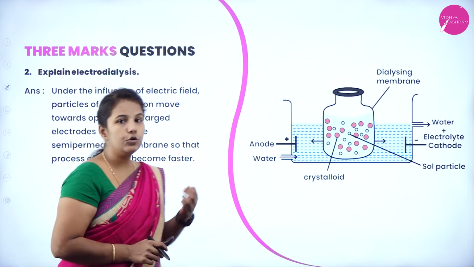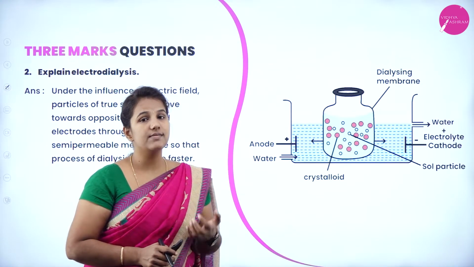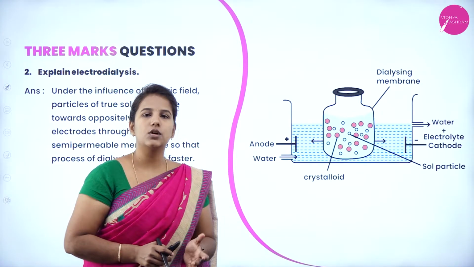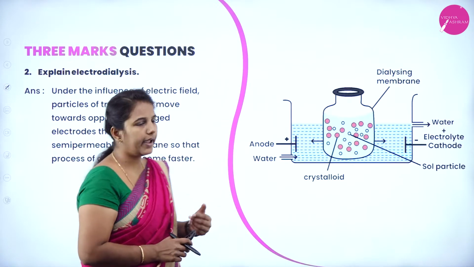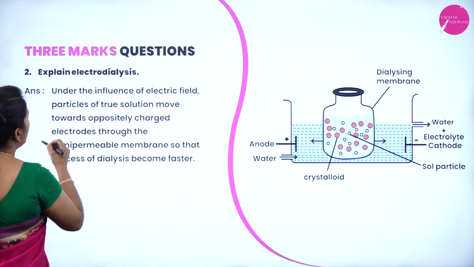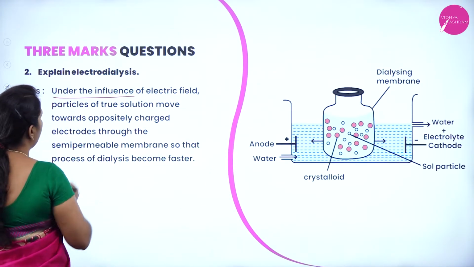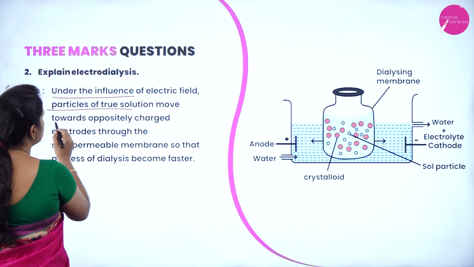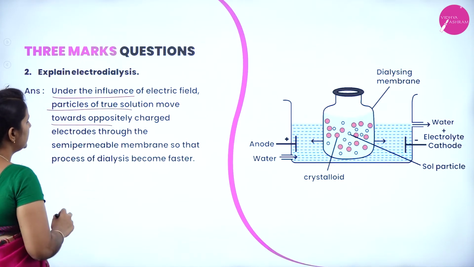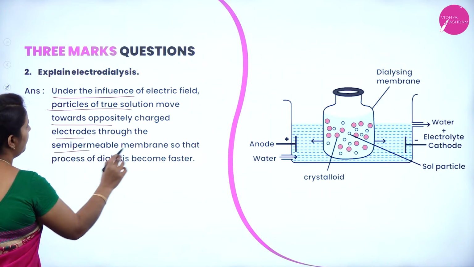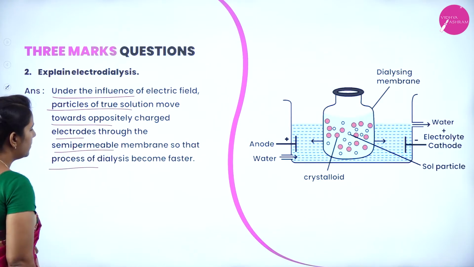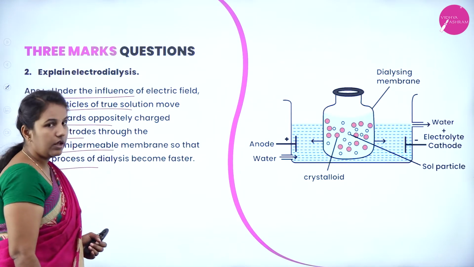Next we have electrodialysis. As I said, to improve the dialysis process, we apply the electrical field, that is also known as what? Electrodialysis. Okay. So under the influence of the electrical field, the particles of the true solution move towards the oppositely charged electrode through the semi-permeable membrane, so that the process of dialysis becomes faster.